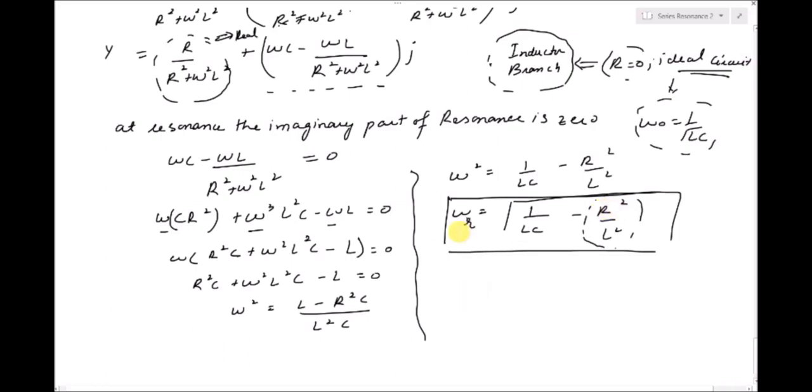If you have to make the resonance frequency of the real parallel resonance circuit, omega r, approximately equal to omega naught, which is the resonant frequency of the ideal circuit, what you have to do, you have to decrease the value of resistance.